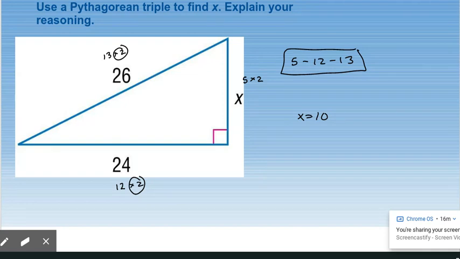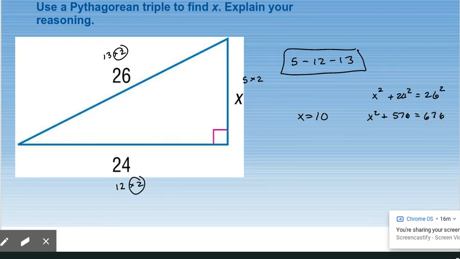Again, let's not lose sight. If you wanted to do Pythagorean theorem, x squared plus 24 squared equals 26 squared, and do it this way, you are going to get x equals 10 at the end. And I'll show you that just with this first one at least. 24 squared is 576. 26 squared is 676.